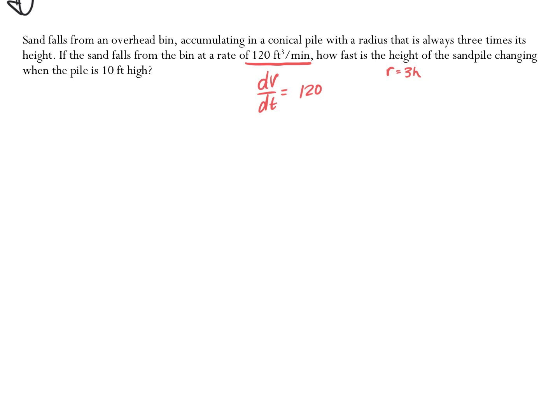Does anybody remember the volume of a cone? It's the triangle times the height, right? 1/3 height times base. Because we also need the base to be a circle, so 1/3 pi r squared times height. Yes, we did it.